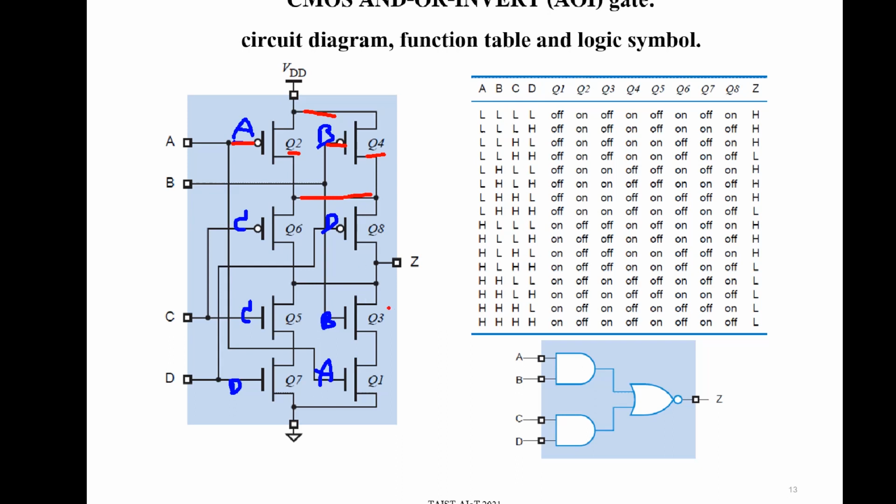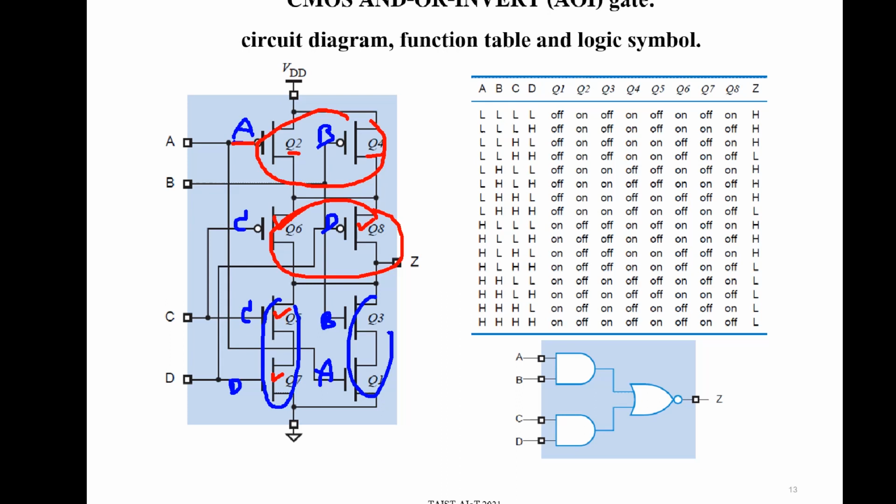At the lower part, A, B connect in series, right? And C, D at the upper part connect in parallel, but C, D at the lower part connect in series. And this one is in series with this one, but this one is parallel with this one.